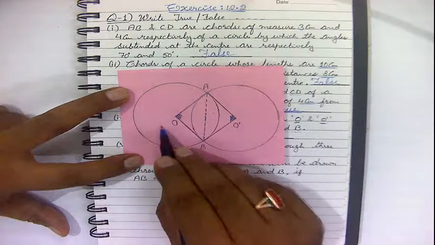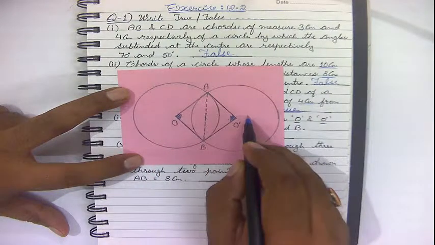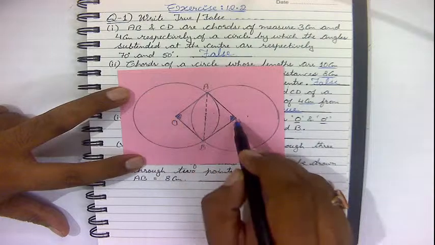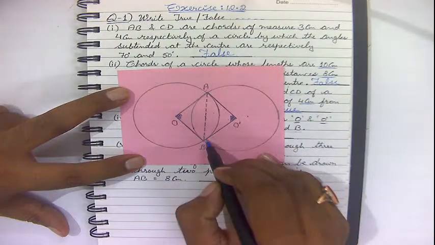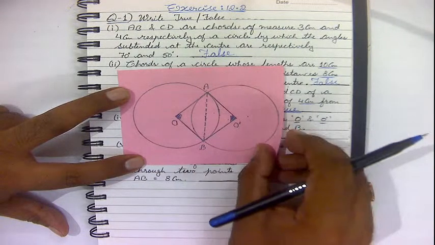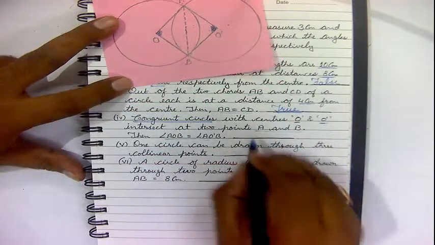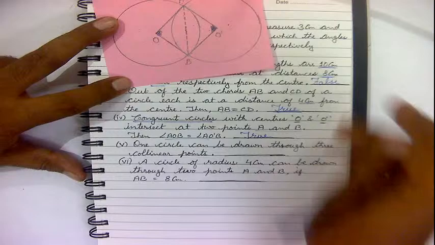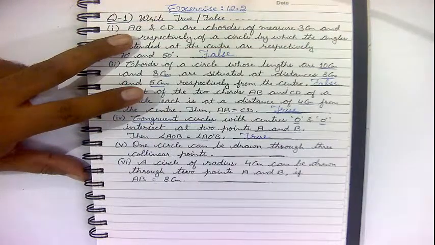AB फर्स्ट सर्कल की भी कॉर्ड है और सेकंड सर्कल के लिए भी कॉर्ड है. तो फर्स्ट सर्कल में एंगल कौन सा बना? AOB. सेकंड में एंगल कौन सा बना? AO dash B. So equal chords subtend equal angles at the center. So this statement becomes true. So your fourth statement is true.